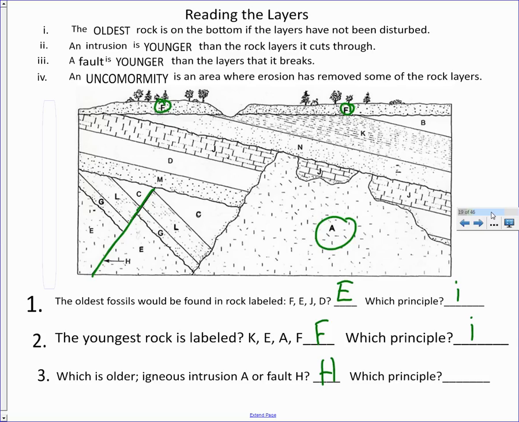This fault is not younger than the layers it breaks because it broke it. I'm sorry, this fault is younger than the layers that it broke because in order for those layers to be there, it had to break it. But it did not affect any of the other layers. So we're talking about the fault being younger than the layers it breaks.